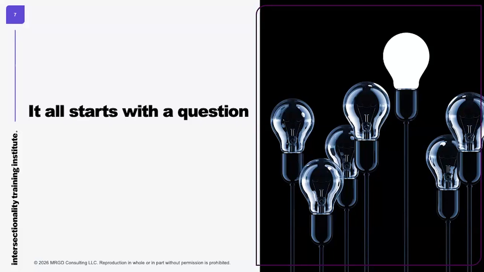The question we ask has to be about power, relationality, systems of oppression, and we have to center power when we ask the question. Before we start anything in any intersectionality endeavor, we have to have a solid question. And this motivates what we're doing in terms of descriptive QIR or analytical QIR.